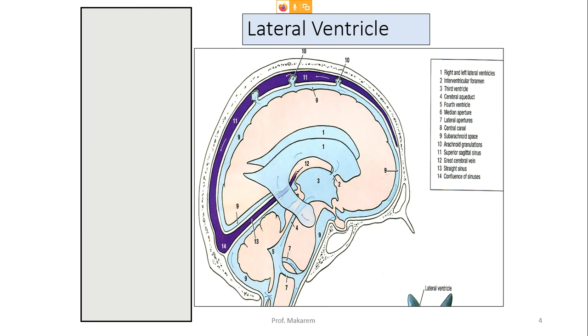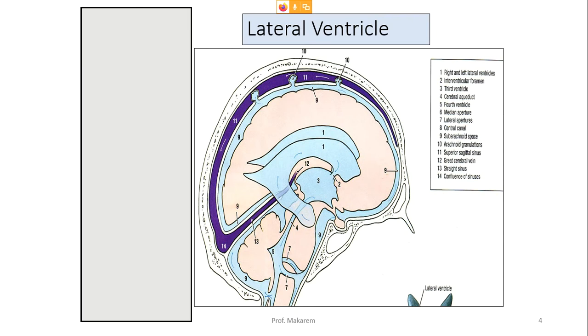So what is the lentiform nucleus? What is the caudate nucleus? And what is the thalamus? They are subcortical nuclei, the basal ganglia. Basal means below the cortex. We can identify these gray matter collections, and they are nothing but the basal ganglia.